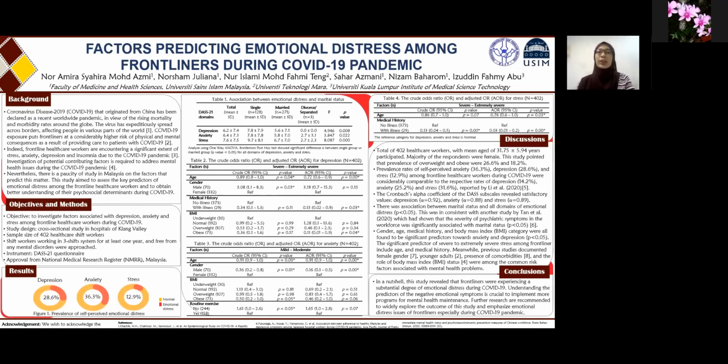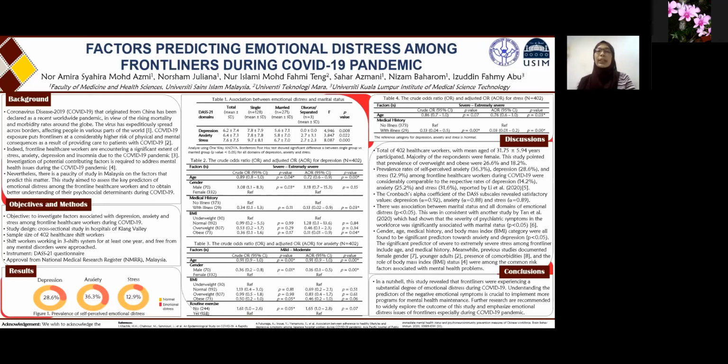The results showed that the prevalence of anxiety, depression, and stress among the frontliners was 36.3%, 28.6%, and 12.9% respectively. There was an association between marital status and all domains of emotional distress.